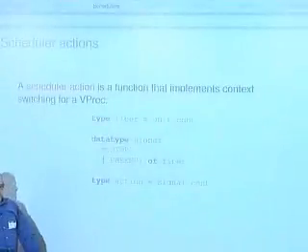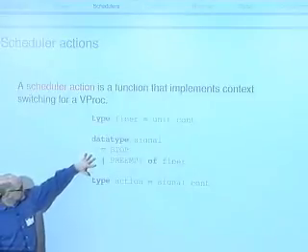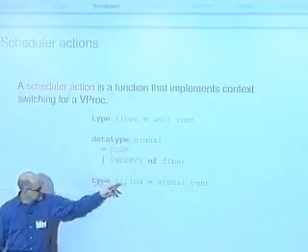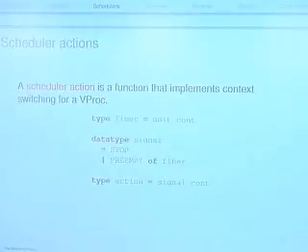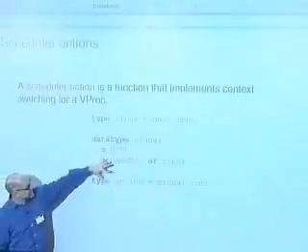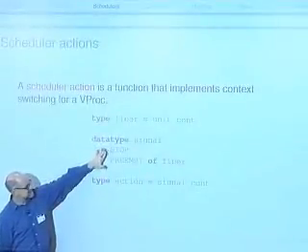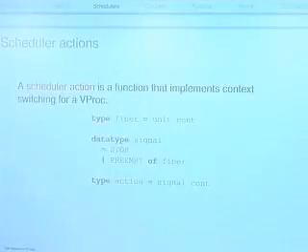A suspended fiber is just a continuation of no arguments, and a scheduler action is just a continuation that takes a signal. There are two types of signals that are interesting here. Stop means that the computation that's running is done, which is how you would do thread exit. And preempt means the runtime system has decided that the processor should do a context switch and run some other computation.